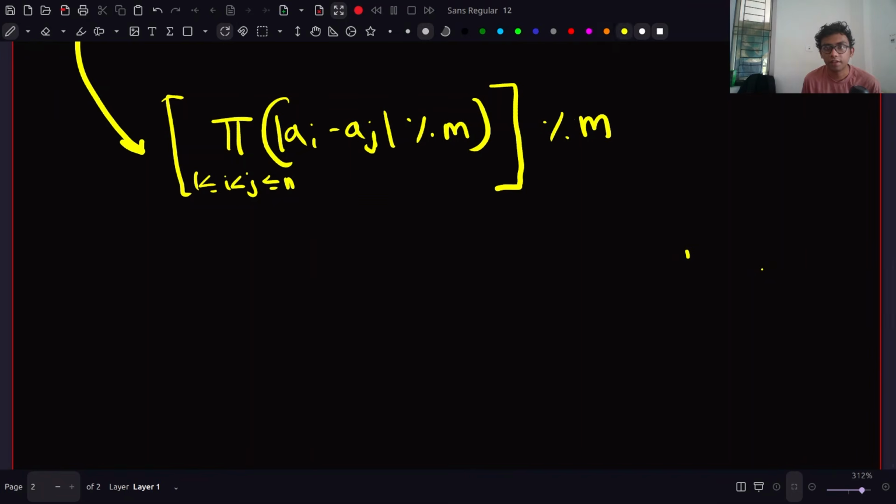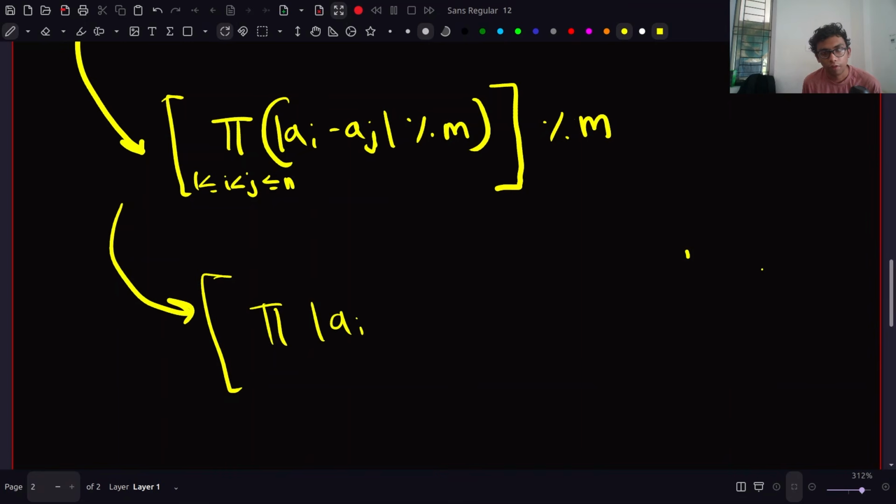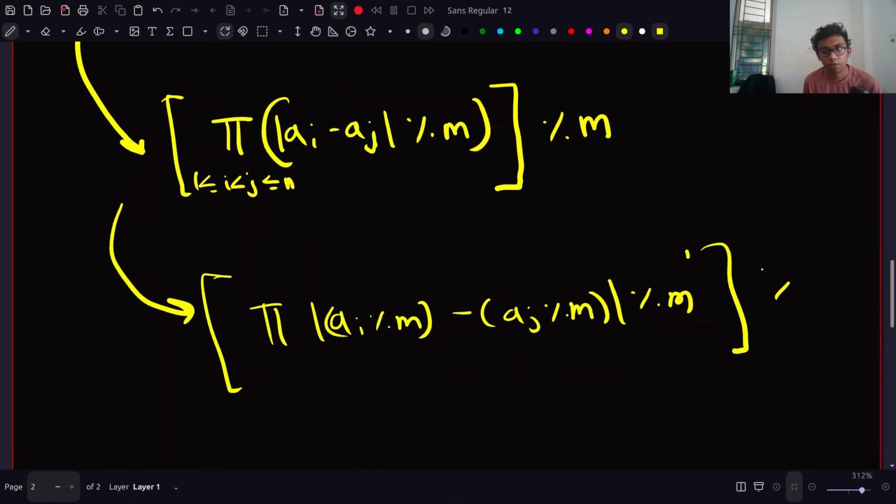So we can write this as, basically, product of |a of i mod m minus a of j mod m|, right? Where we distributed inside the absolute value mod m, and then once we have done this whole thing, we will do mod m again, right?